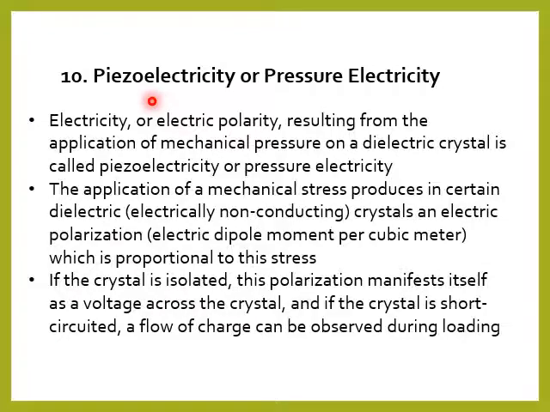Piezoelectricity or pressure electricity. Electricity or electric polarity resulting from the application of mechanical pressure on a dielectric crystal is called piezoelectricity or pressure electricity. For example, this is a dielectric material. When we apply mechanical pressure on this dielectric material, what will happen?